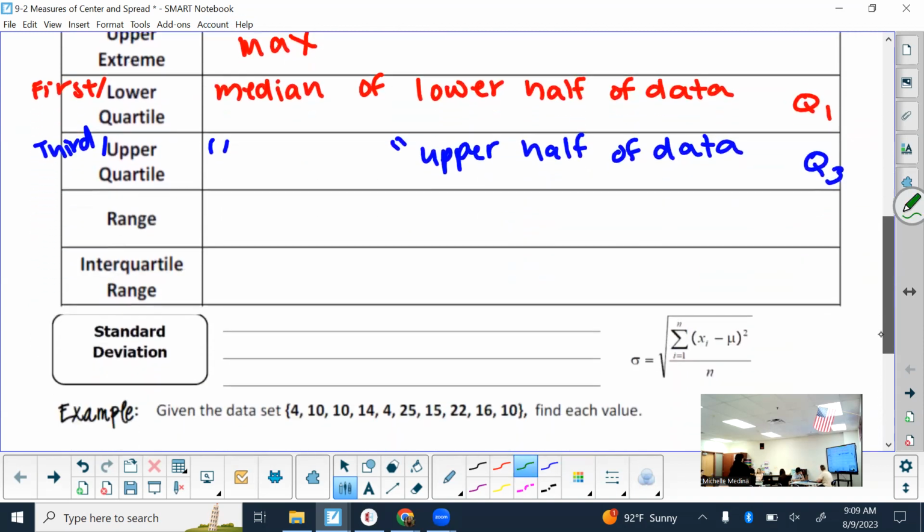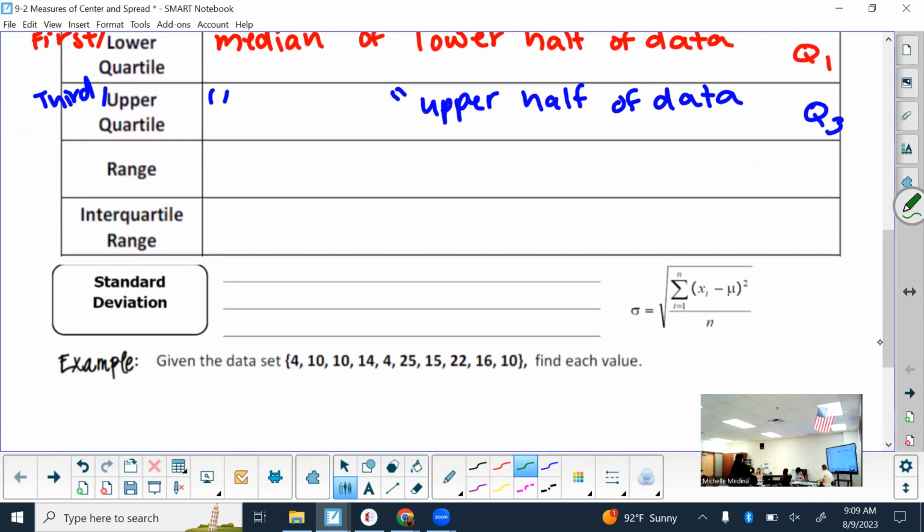All right, range we have not talked about today, but it does talk about how spread out your data is, because we mentioned that when we talked about measuring spread. So how do you find the range of your data set? Close, not dividing for the range. Subtract.